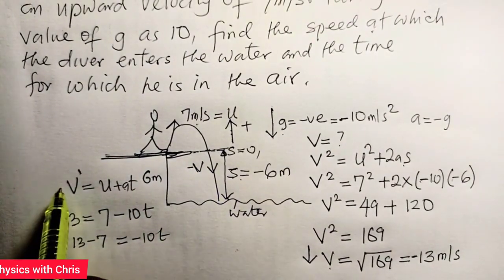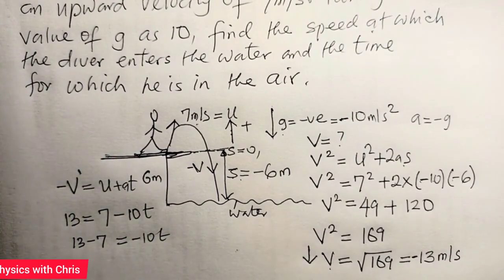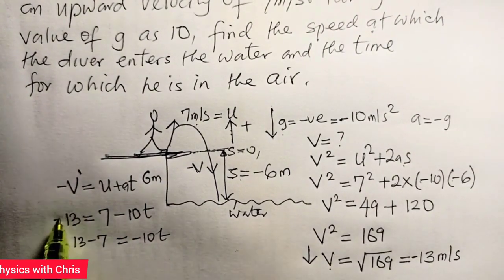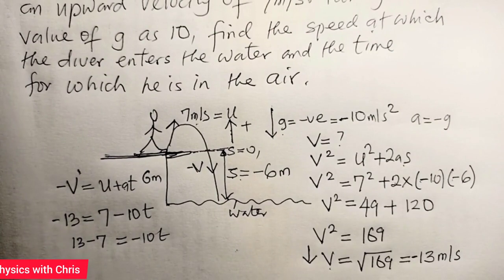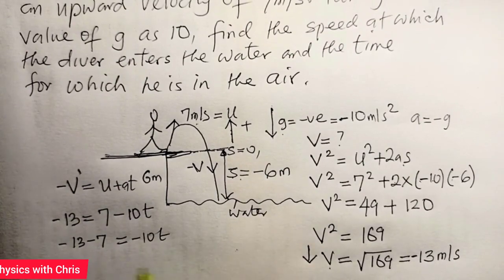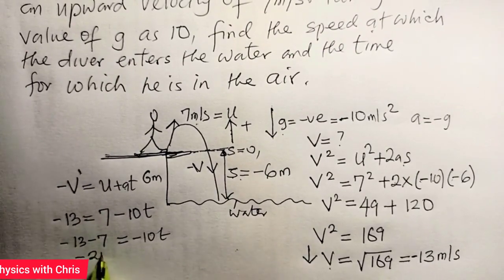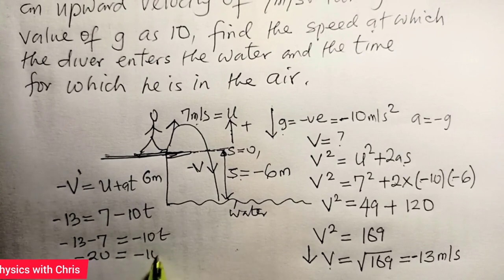Because of that, this ought to be minus v. I have to take that as minus v, so this is minus 13. Upward velocity is taken as positive, then downward velocity will be taken as negative. So that gives you minus 13 minus 7, that is minus 20 equals minus 10t.